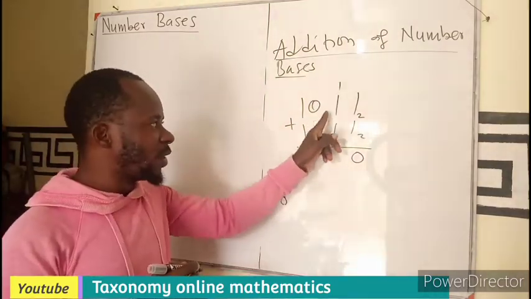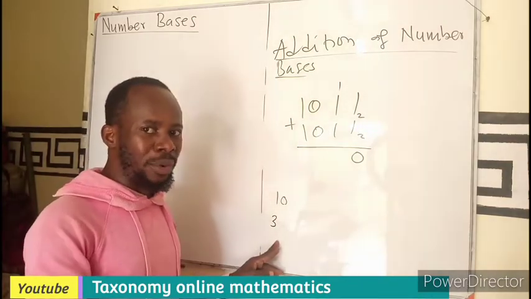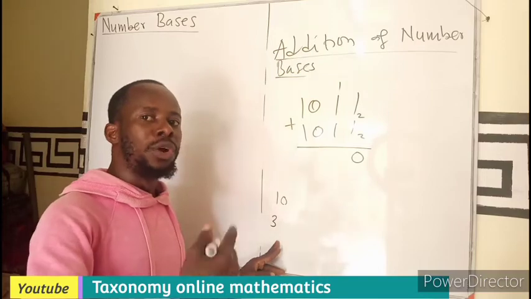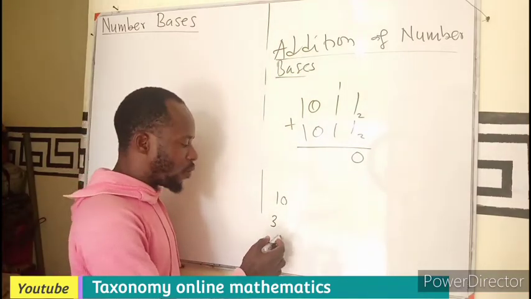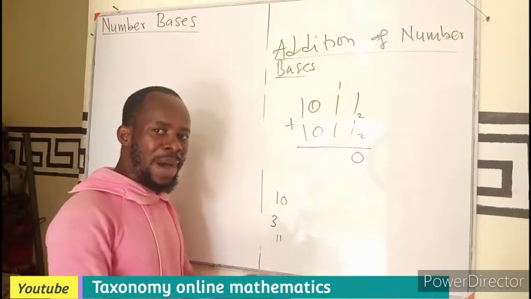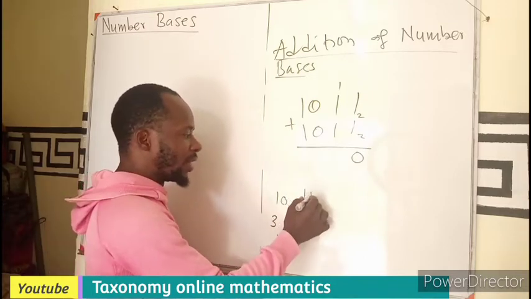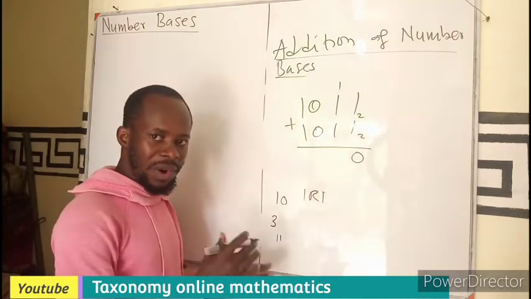So this plus this gives us what? 3. 3 cannot be used as a symbol in base 2. So you find out how many groups of 2 can I get there. I can get 1 group and a remainder of 1. Do you see that? Or better still, divide 3 by 2. You will get 1 remainder what? 1, right? 1 remainder 1.